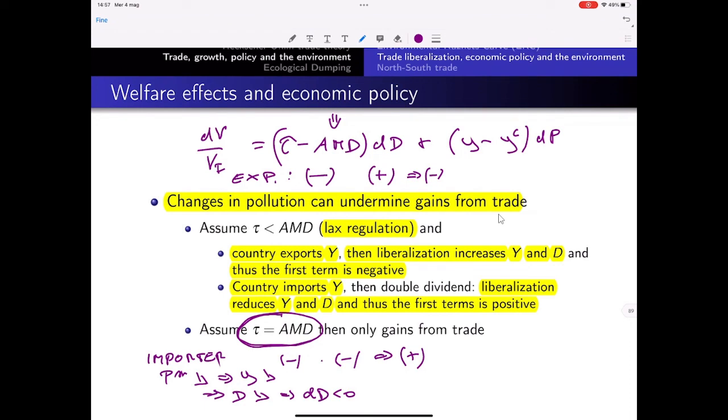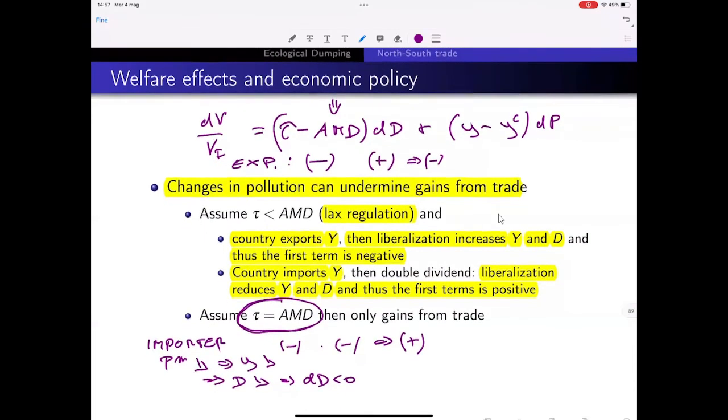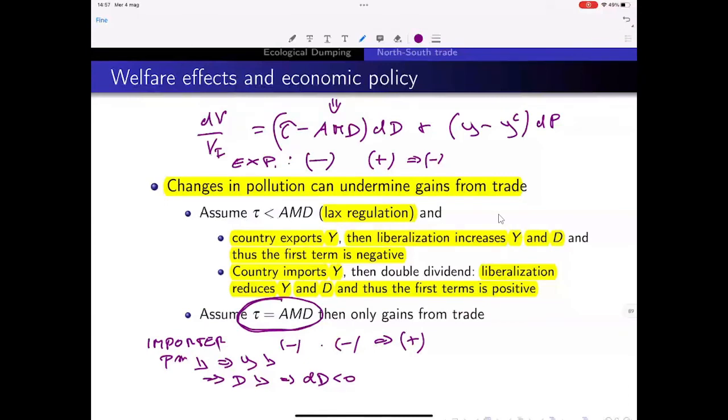In utility terms, this eliminates the externality, and therefore production choices are optimal, and so there is no utility damage. Is it clear? And therefore there are only gains from trade. But on the other side, if there is a lax regulation in place, the lower tau is, the stronger is this.